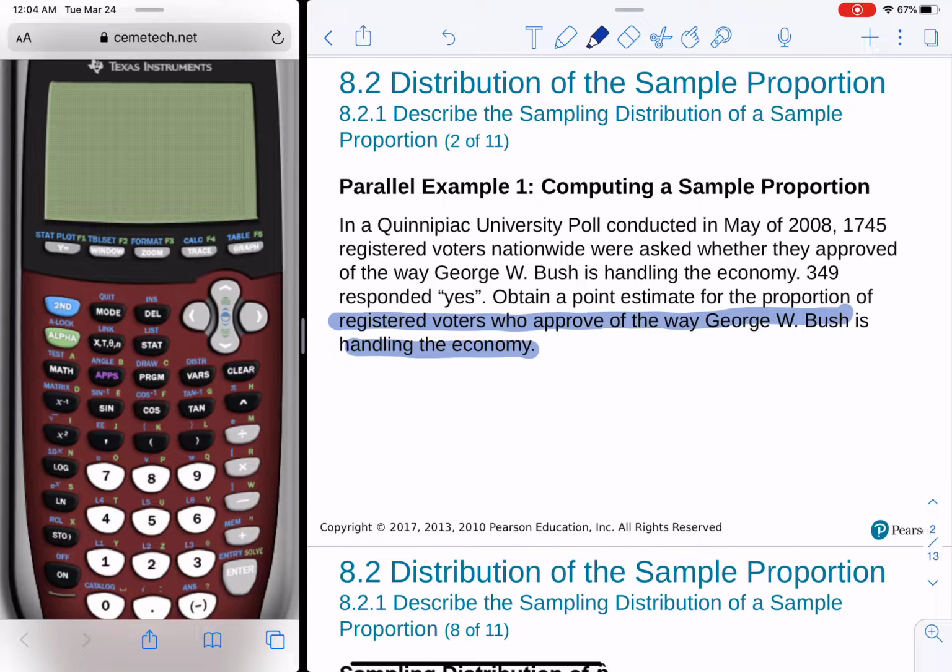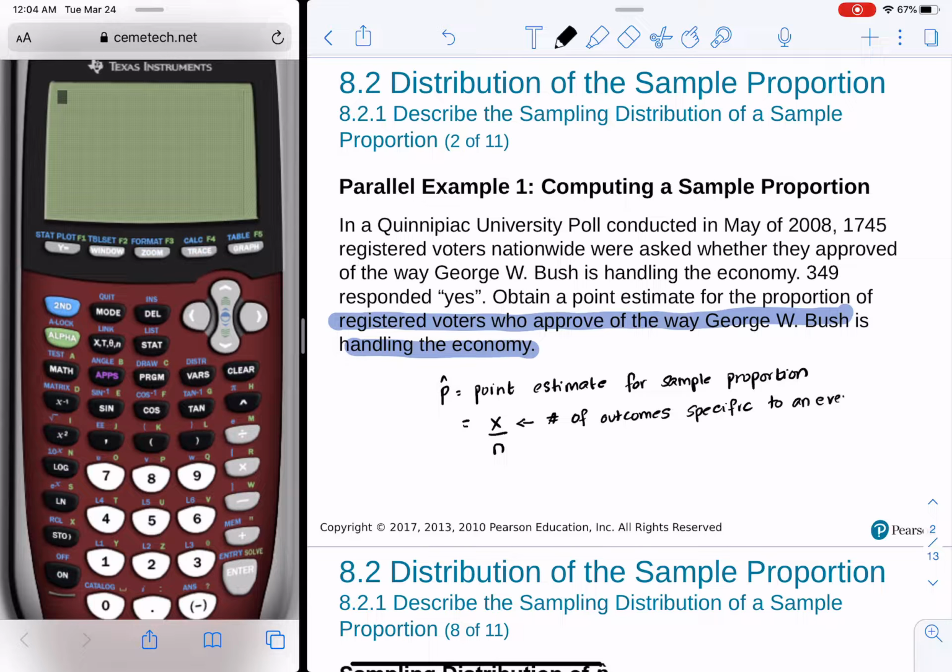So p hat is the point estimate for sample proportion, and it is simply given by x divided by n. x is the number of outcomes specific to an event, and that event here is the number of registered voters who approve of the way George W. Bush is handling the economy, divided by the total, which is the sample size.